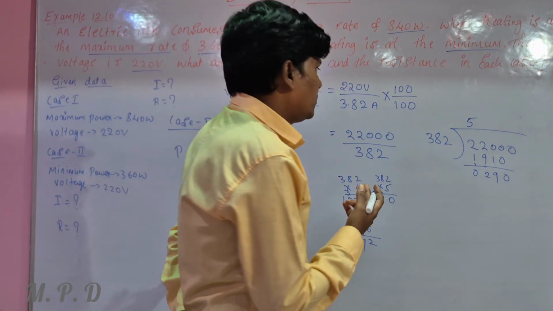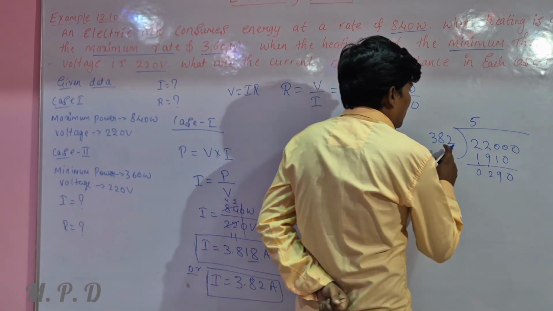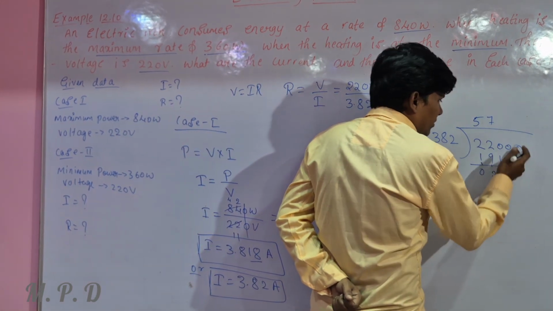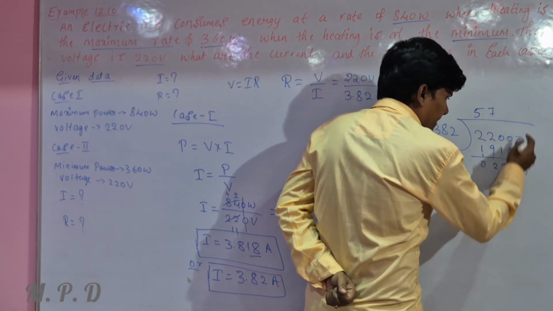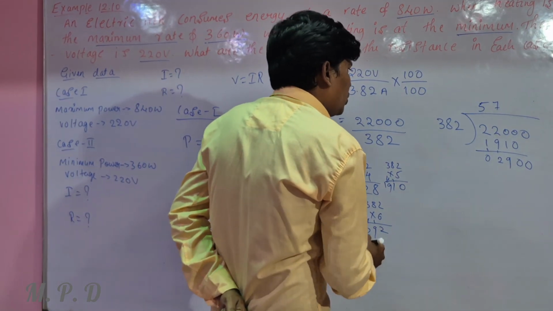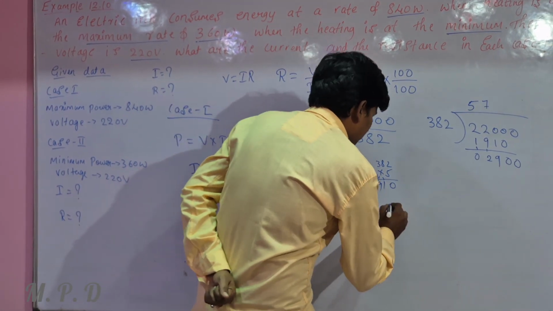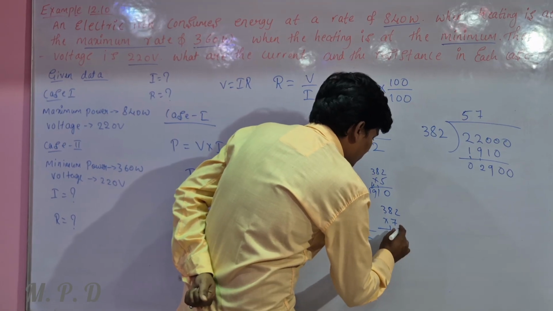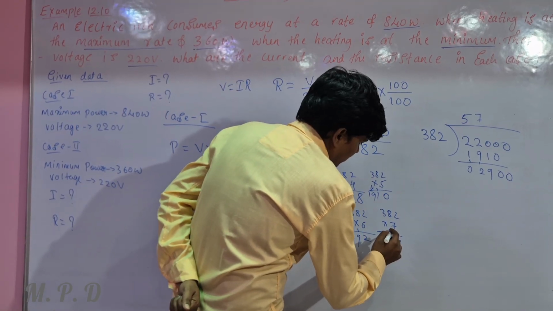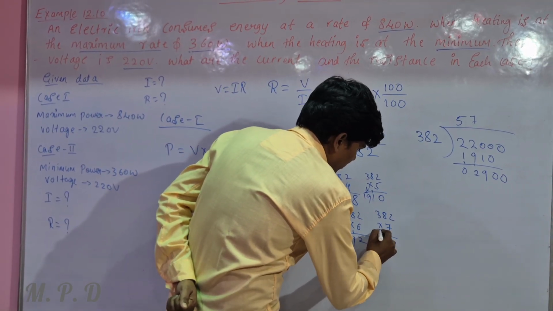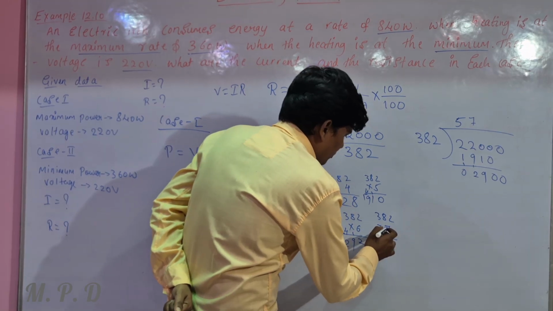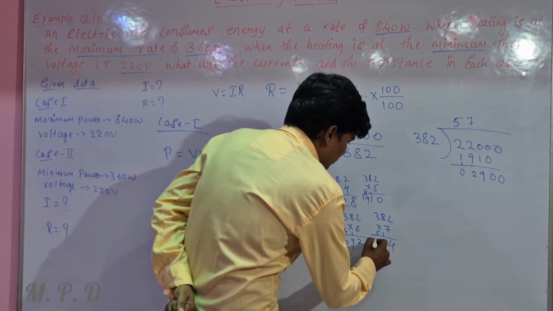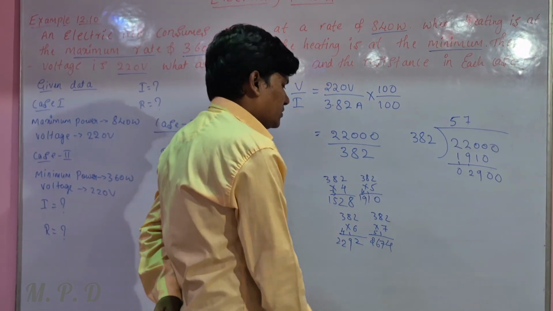Again we can take 382 sevens. We have to take a 0 here. 382 sevens are 2674.